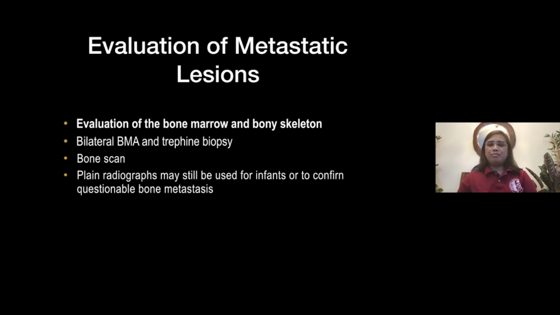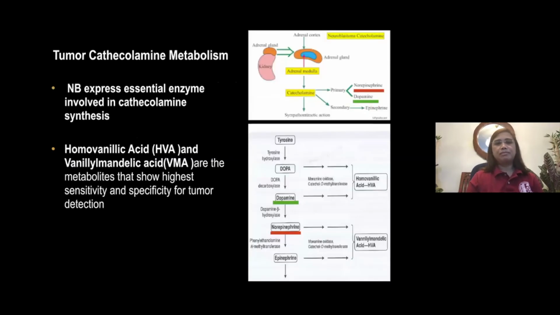Evaluation of the bone marrow and bone skeleton is also important. This is done through bone marrow aspiration or biopsy, bone scan, and plain radiographs. Neuroblastoma expresses essential enzymes involved in catecholamine synthesis.